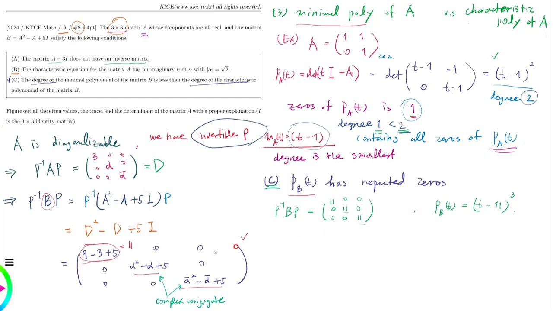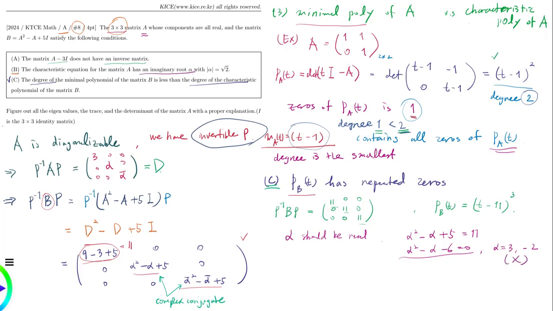And then alpha should be a real number, because alpha squared minus alpha plus 5 equals 11 gives us two real roots. One is 3 and the other is minus 2, but this is not the case because alpha should be an imaginary number, so this is not the case.